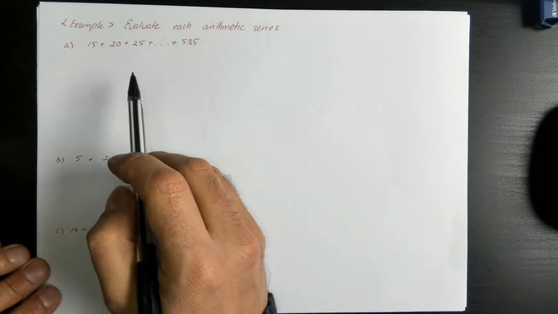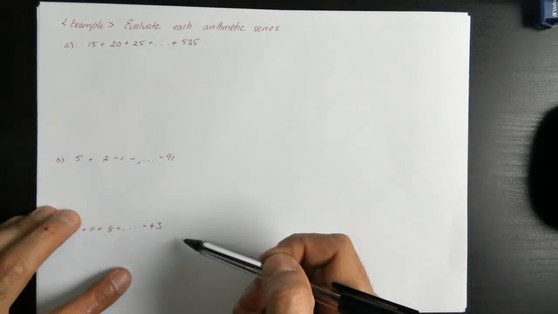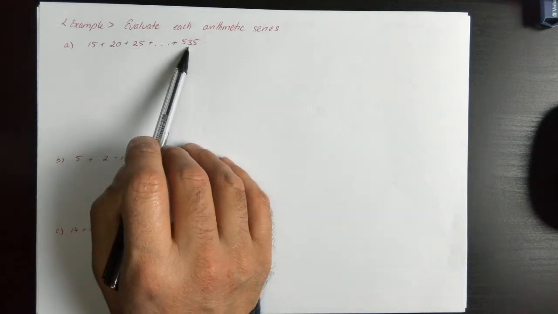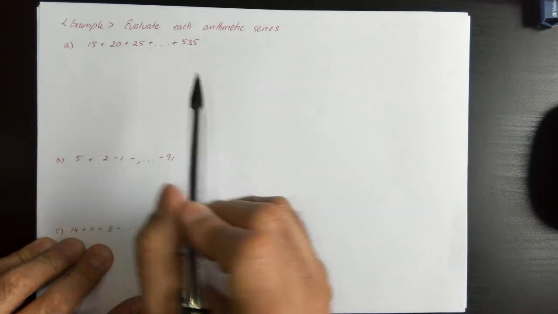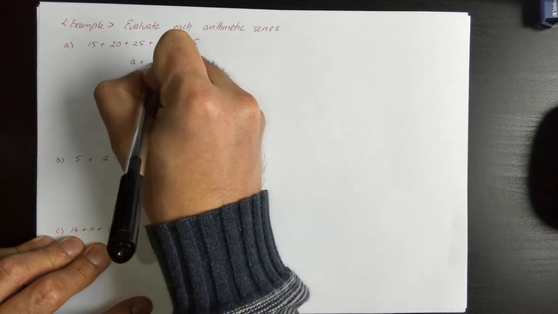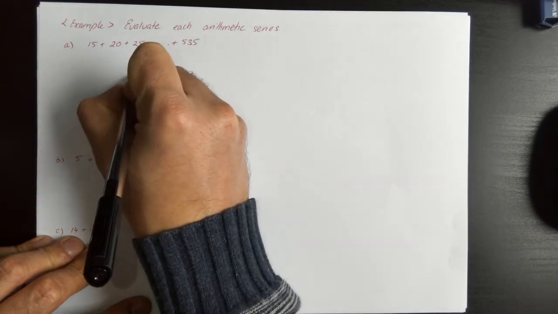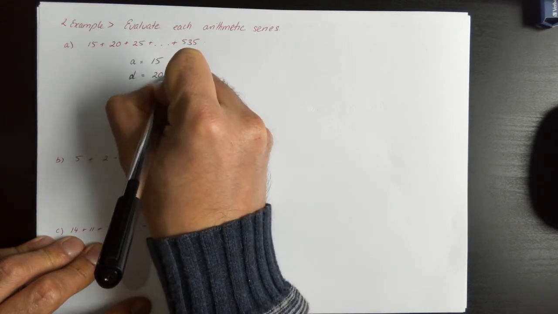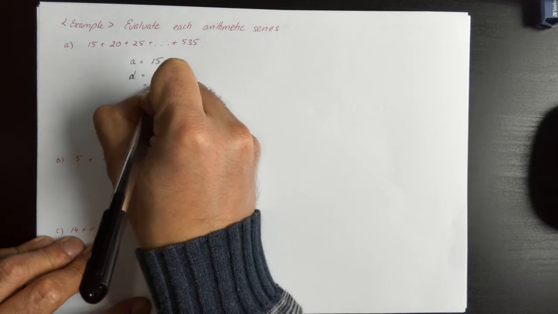Here's an example. We want to evaluate each arithmetic series. So we want 15 plus 20 plus 25 all the way to 535. In this example, a is 15. The common difference, d, is the term minus the previous term.